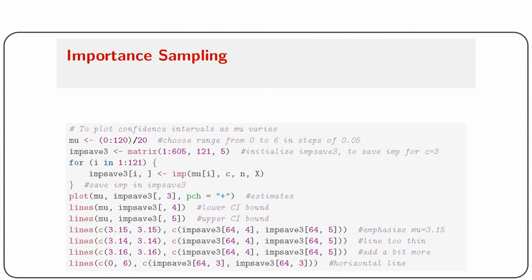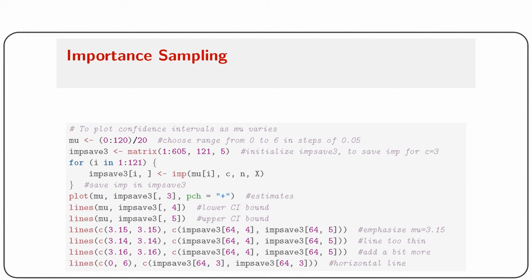To plot the confidence interval as mu varies, one can use this code: mu equals 0 to 120 by 20, and IMPS save 3 equals a matrix of 1 to 605, a 121 by 5 matrix initialized. Then use a for loop for i equals 1 to 121 and fill the matrix with the importance sampling results.